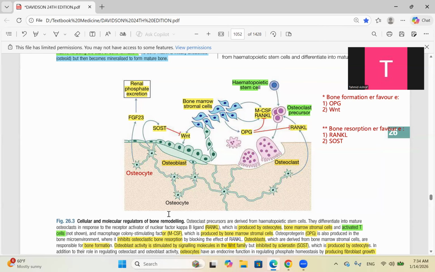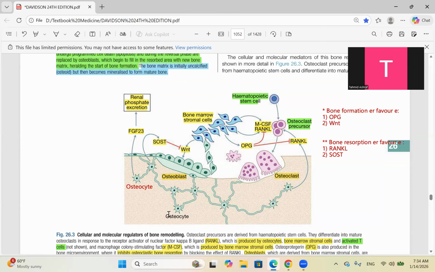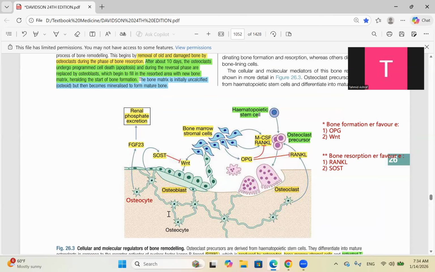So there are several factors that help in bone formation and several other factors that help in bone resorption. So we have to first highlight something. What do we need to learn from here? We will not just read out these things. We will try to remember what we need to remember for the exams.